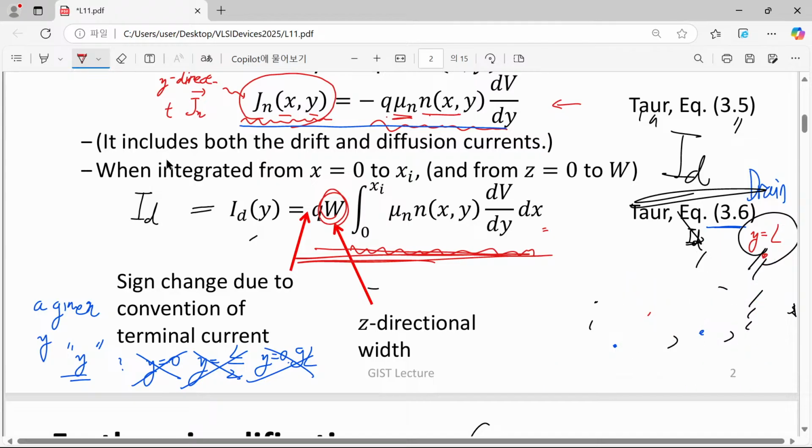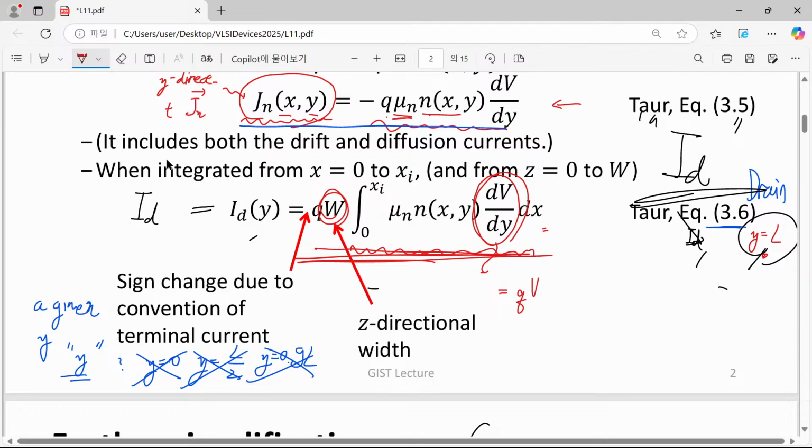Well, we must do the vertical integration, X directional integration, but this dV over dy is not a function of a vertical position because V itself is a y position dependent condition. So this is not an x dependent one. So we can further evaluate it in this way.